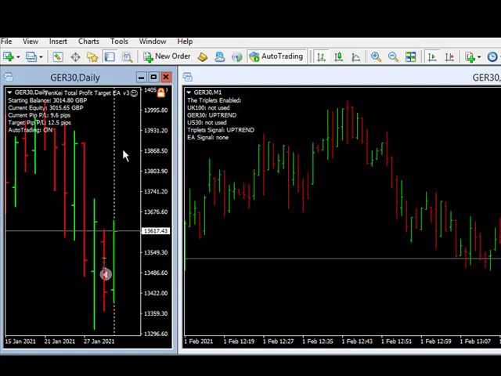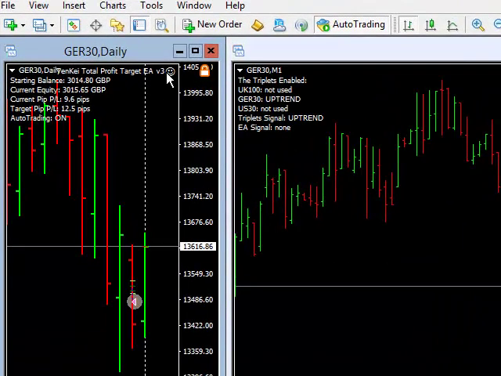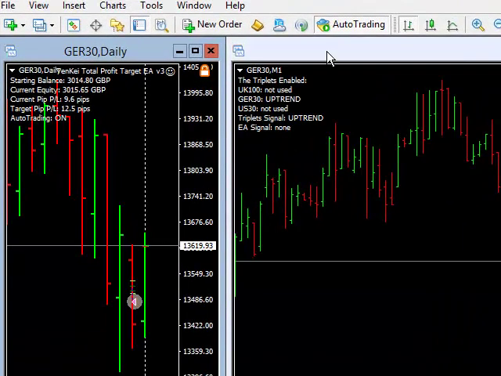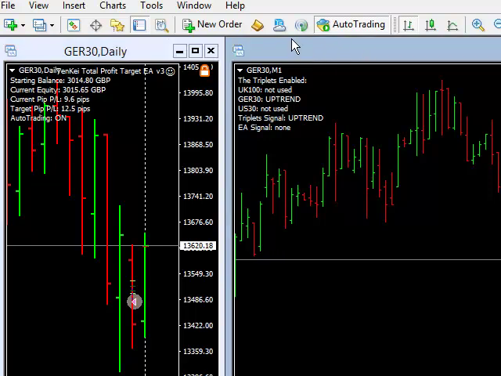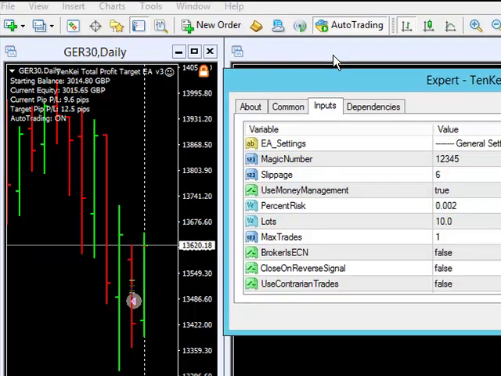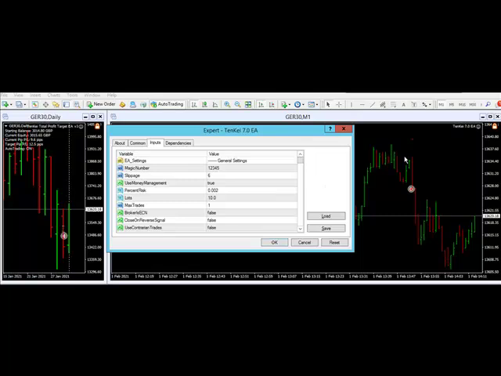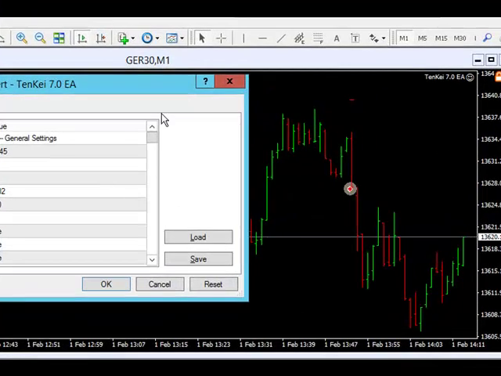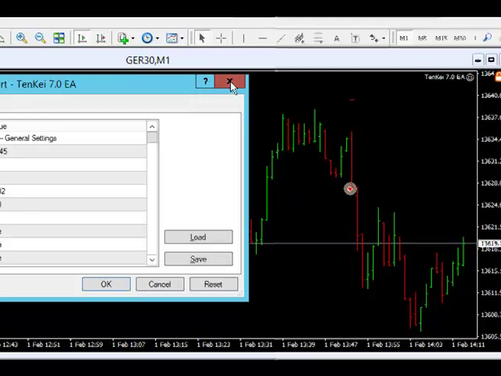Now watch this. Press F7 if you're just anywhere on the chart. If this chart here was highlighted, meaning we clicked on that chart, you can see it's highlighted, a slightly darker color than this one here, and I pressed F7, it would open this EA over here, the TenKei 7.0 EA, but we don't want that one open, so we close it.